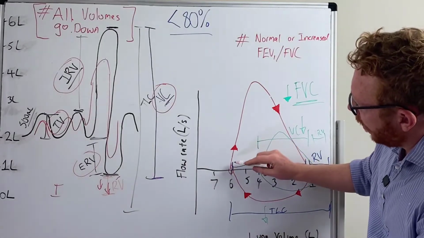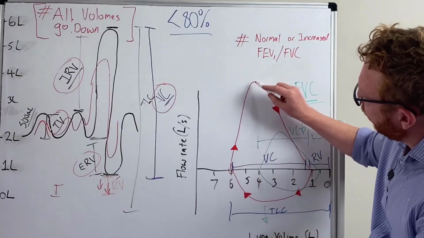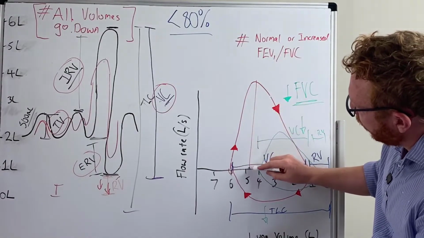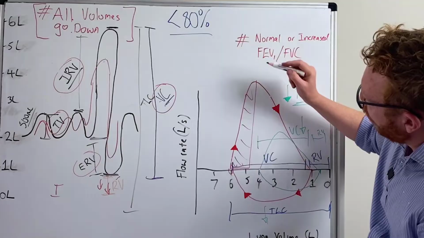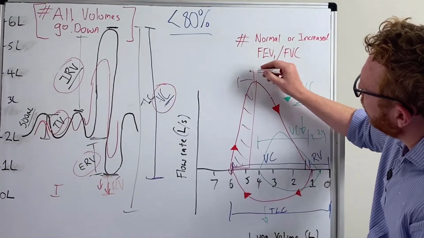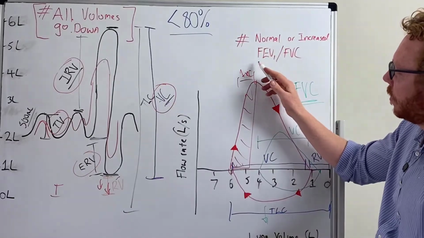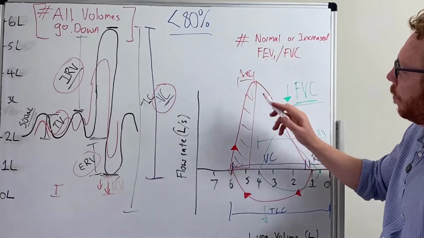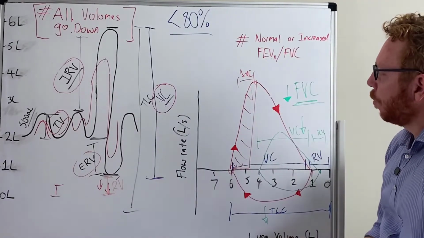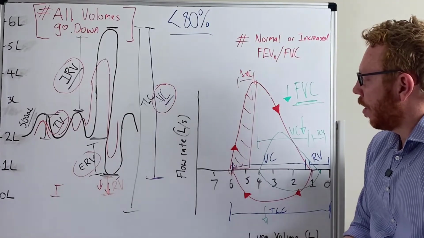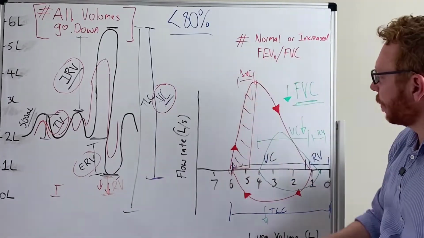So what we would do is try to figure out what is that amount of air over that time, which is about 1 second. And what we call that is forced expiratory volume in 1 second, FEV1, which gives you a good indication of how the flow rate is. Okay?